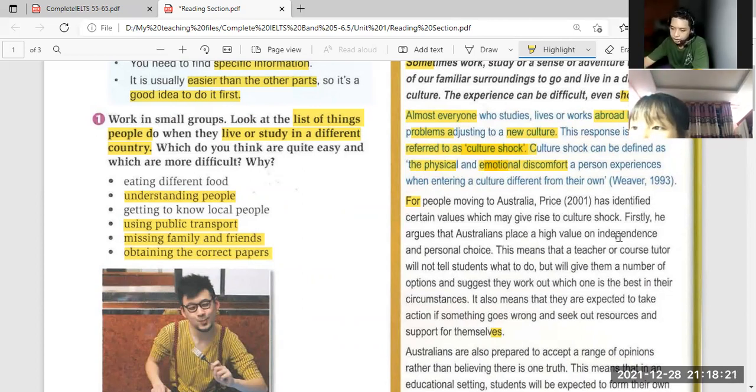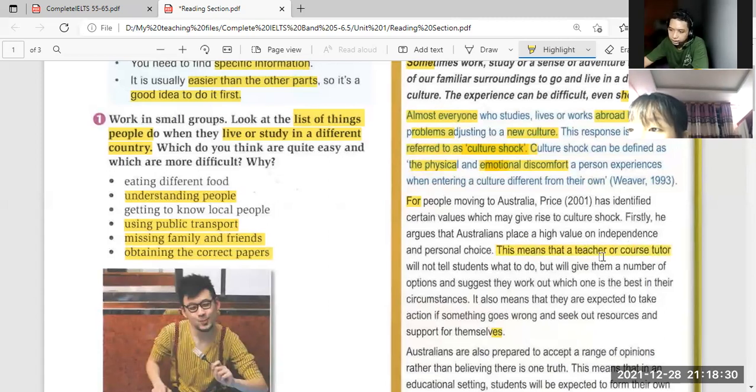Where is the teacher? This means that a teacher or course tutor will not tell the students what to do, but will give them a number of options and suggest, and they work out which one is the best in their circumstances. So we have teacher here and we have the word suggest.